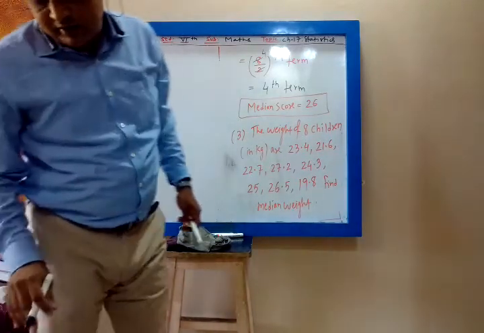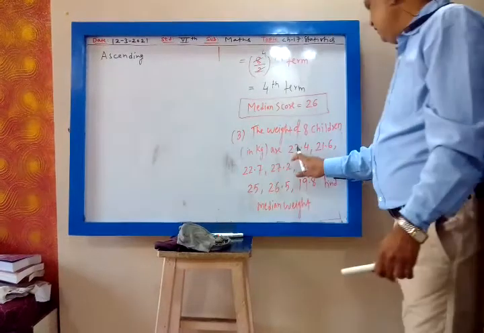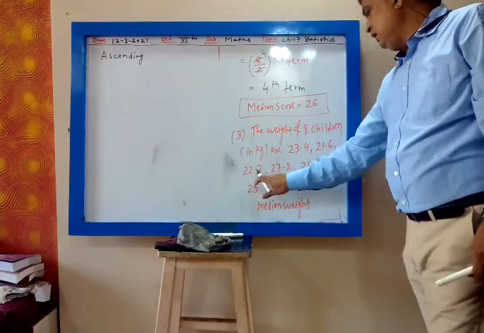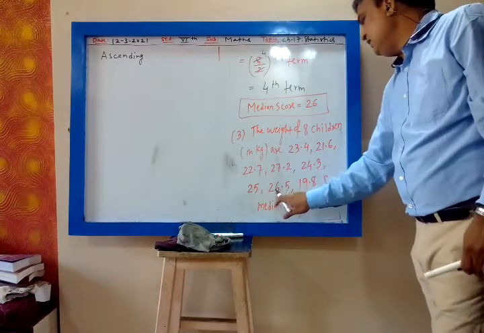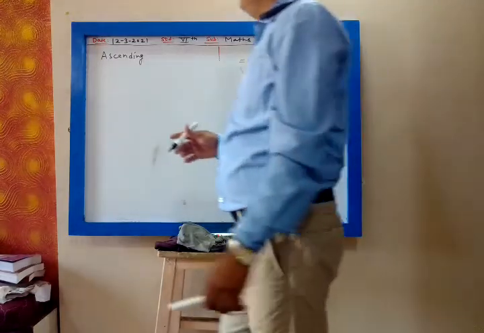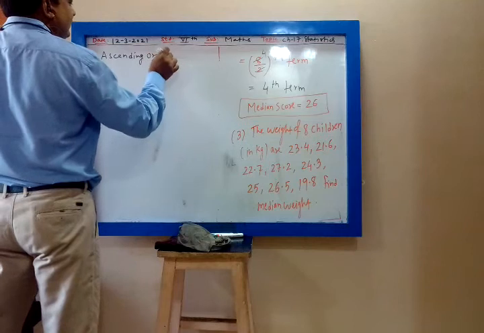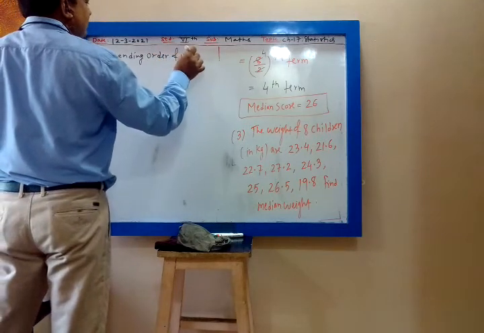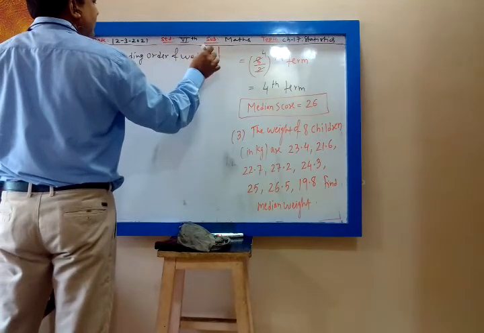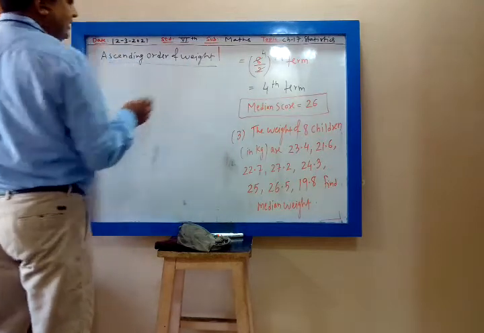How many? 1, 2, 3, 4, 5, 6, 7, 8. You write down the weight in the ascending order.